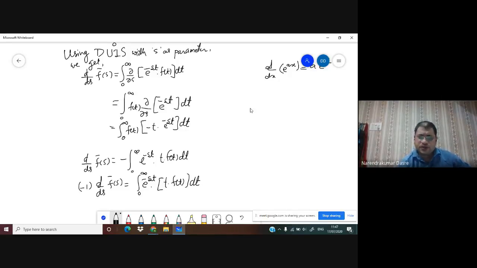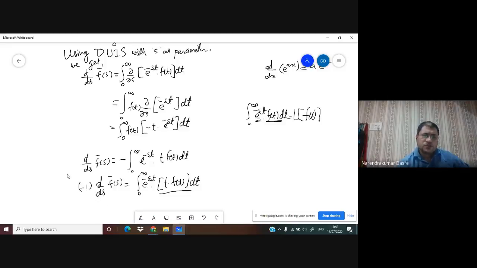Now what we know is the integral 0 to infinity e raised to minus st f of t dt is nothing but the Laplace transform of f of t. So whatever the function you have here, apart from this exponential function, this integral gives you the Laplace transform of that function.